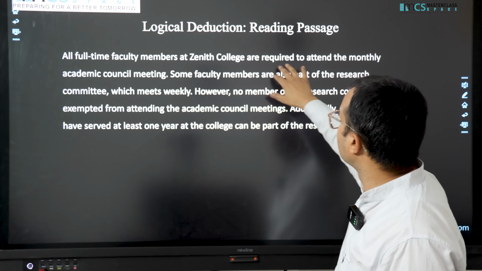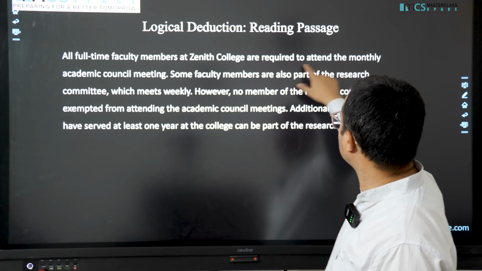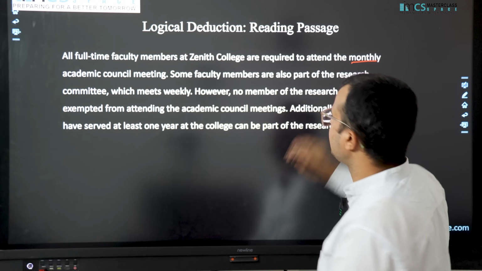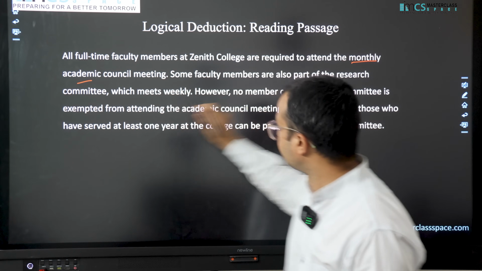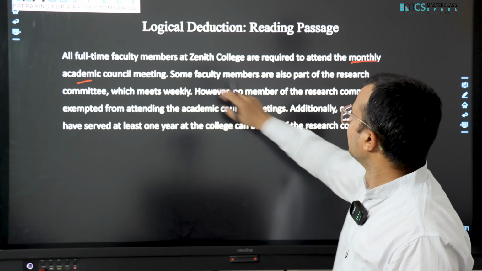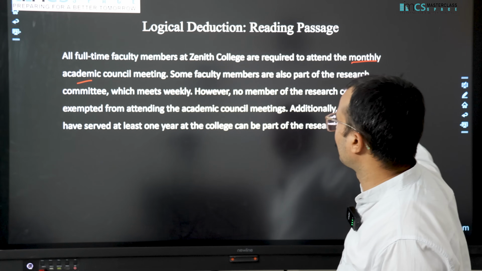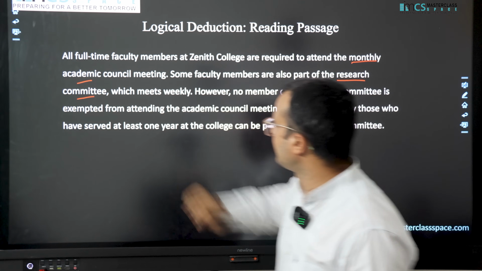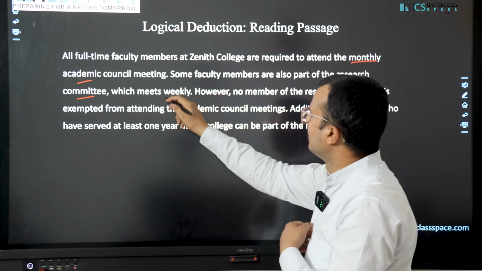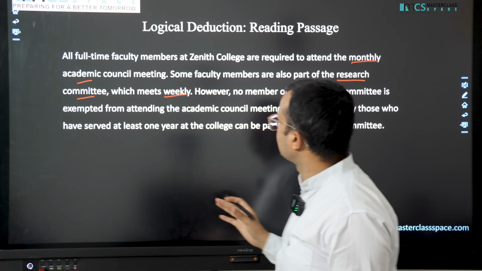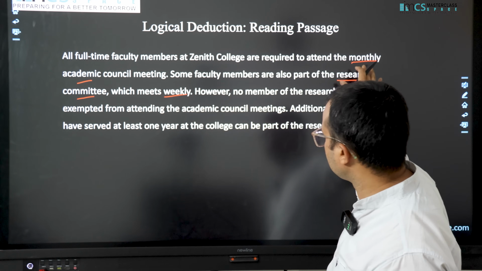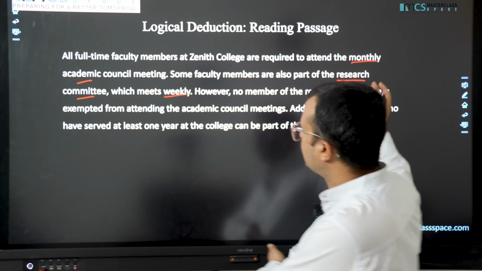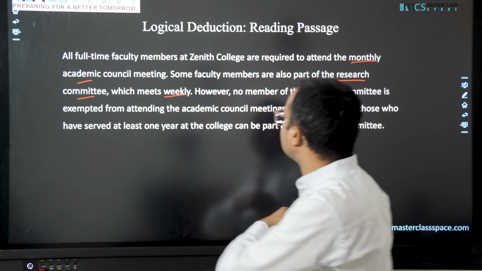All full-time faculty members at a particular college are required to attend a monthly academic counseling meeting. Fine. Some faculty members are also part of the research committee, which meets weekly. So all professors have to attend the monthly meeting, but some of them are also research committee members who meet weekly.